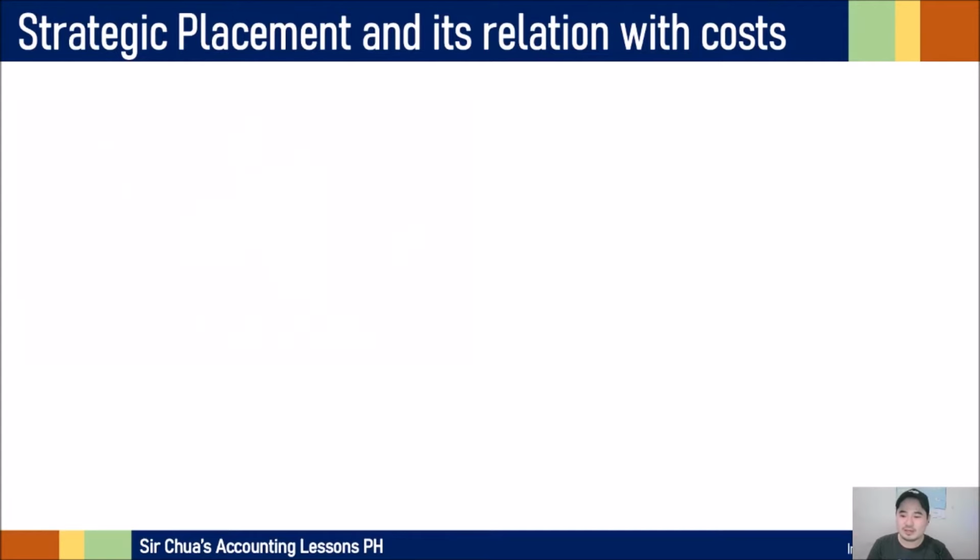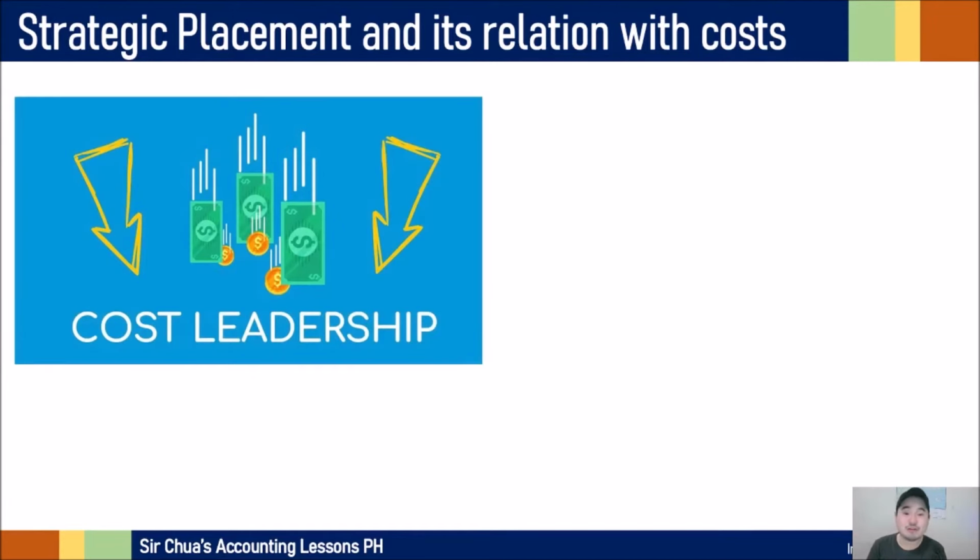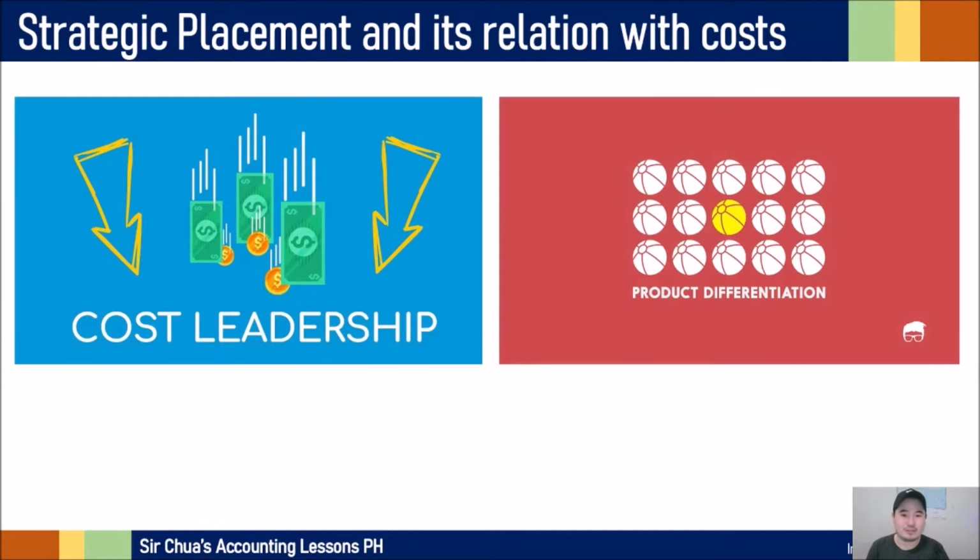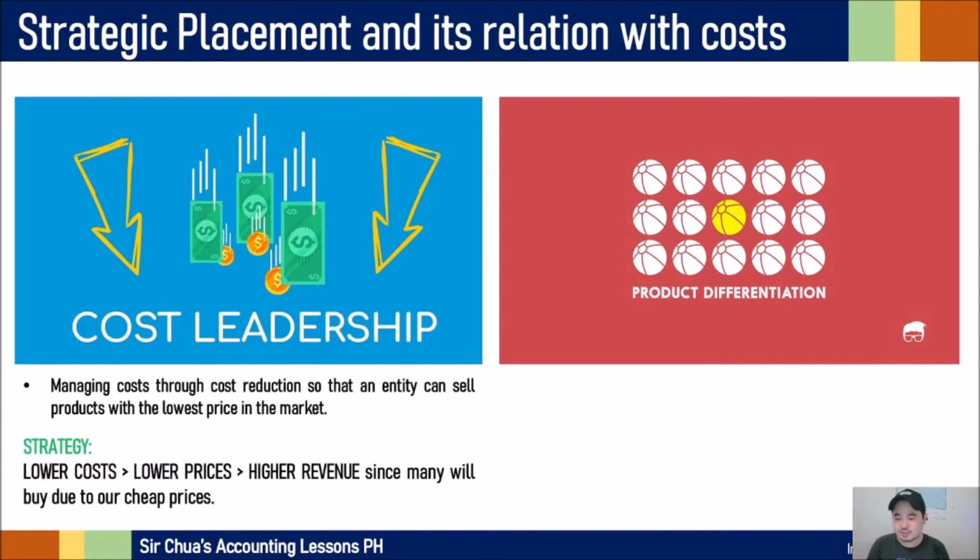Okay, we have what you call cost leadership, and then the other one is product differentiation. Pag sinabing cost leadership, you are managing cost through cost reduction. So your strategy is to lower down your cost. Because if you have lower production cost, excuse me, you can sell your products at a lower price.